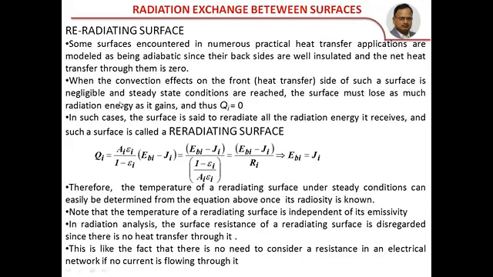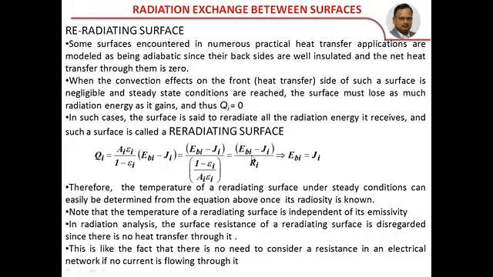When the convection effects on the front side of such a surface are negligible, the surface must lose as much radiation energy as it gains, and thus Q I, net radiant, is equal to 0. In such cases, the surface is said to re-radiate all the radiation energy it receives and is called a re-radiating surface.